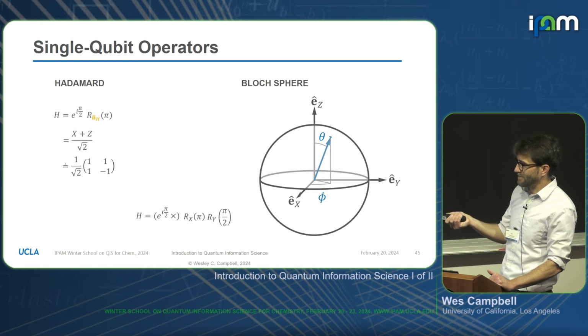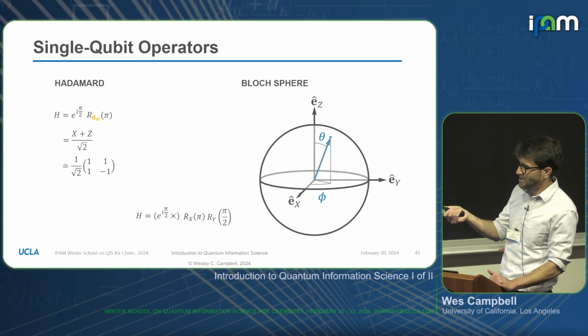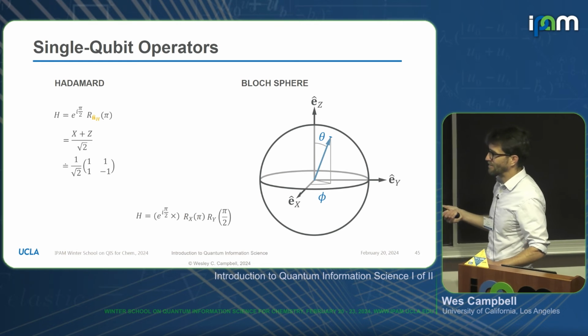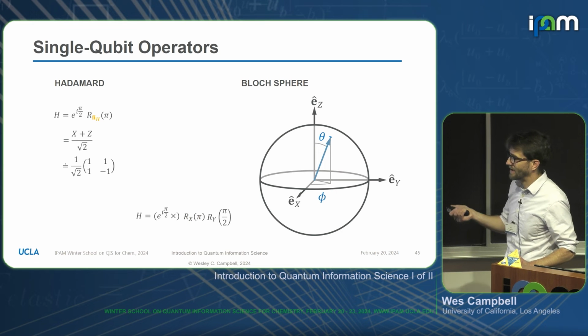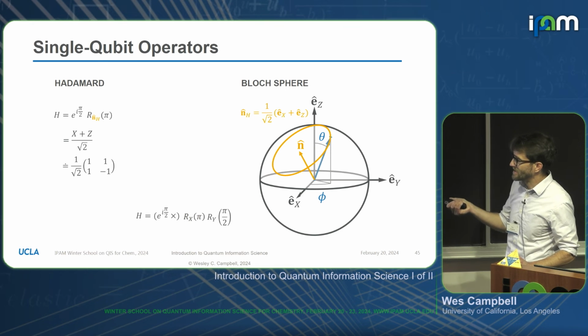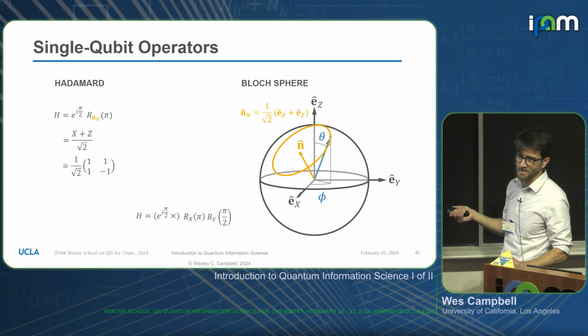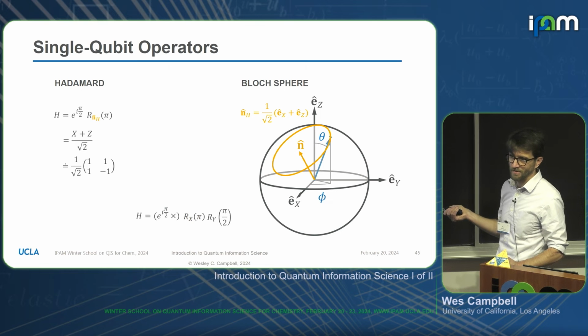It is also possible to write this as a pi rotation about a tilted axis, and that tilted axis is 45 degrees between the +x and +z axes, times a phase. So this is another way to think about what the Hadamard operation is: you rotate by pi about that axis, and then there is an overall phase shift.